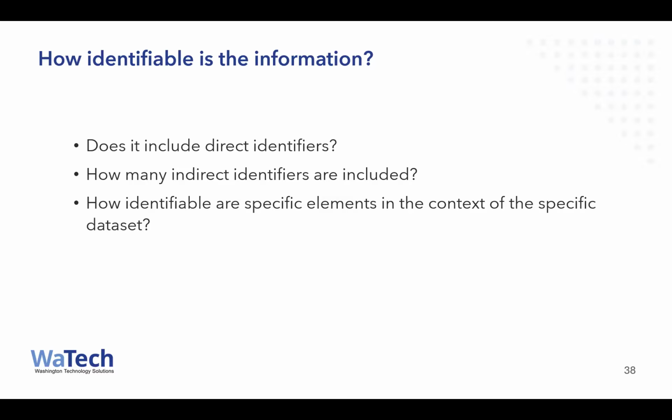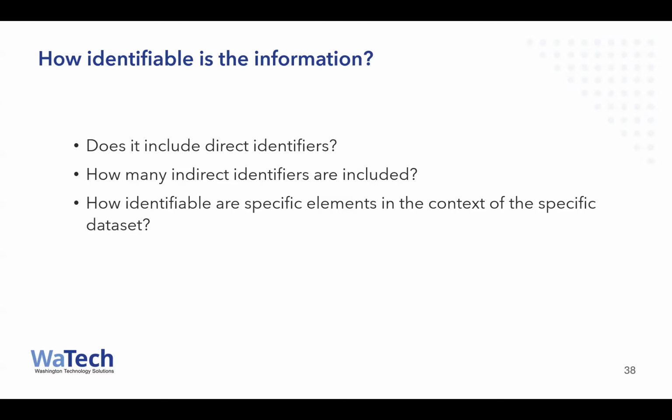But if you have 30 data points or more, you could really quickly figure out from otherwise non-identifiable information who someone is, where they live, where they work, where their kids go to school, and all kinds of other sensitive information about them.